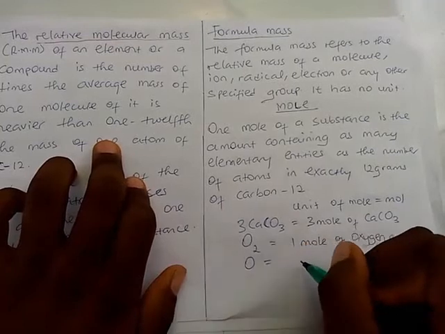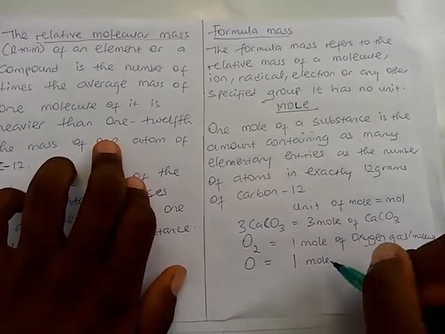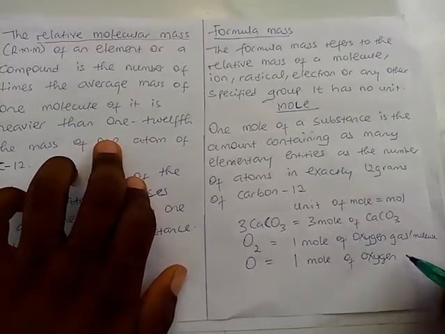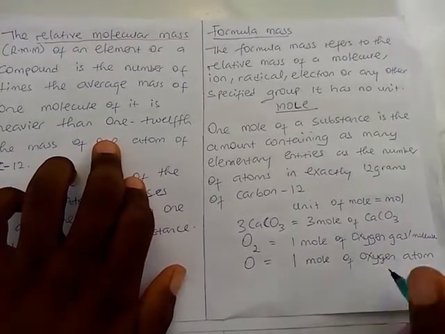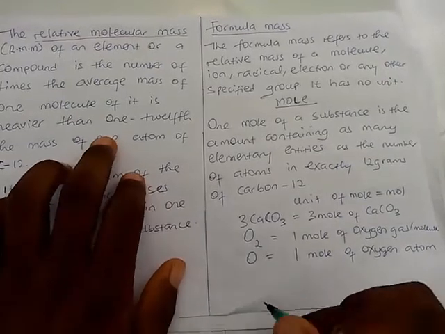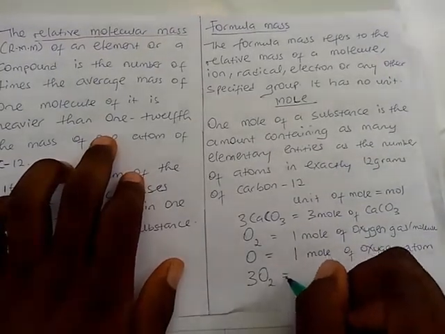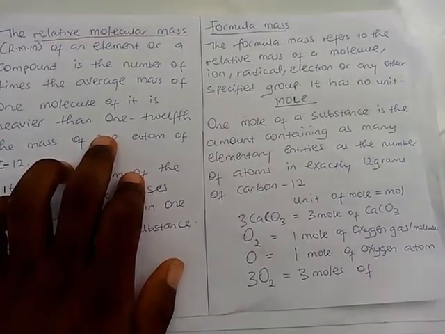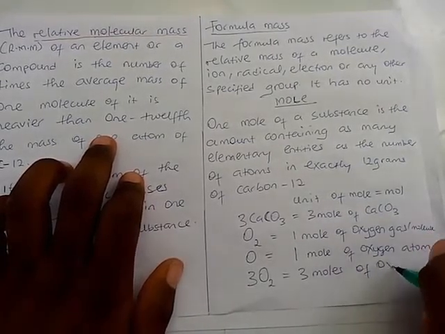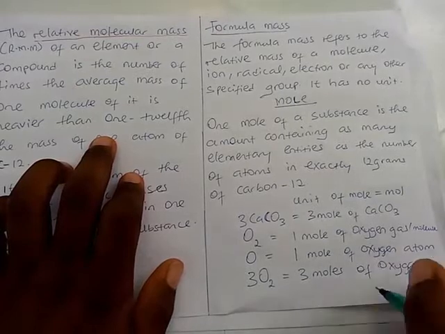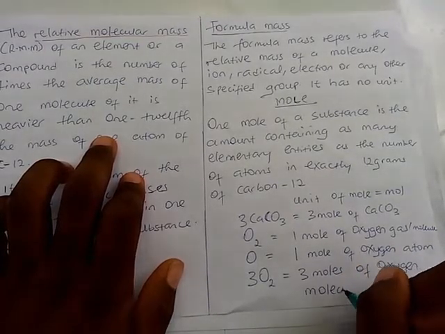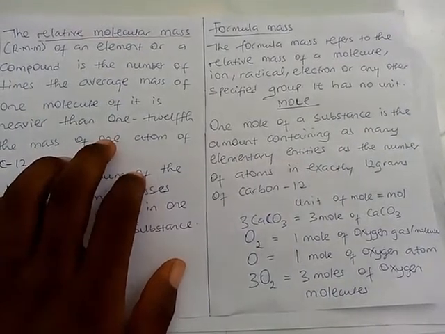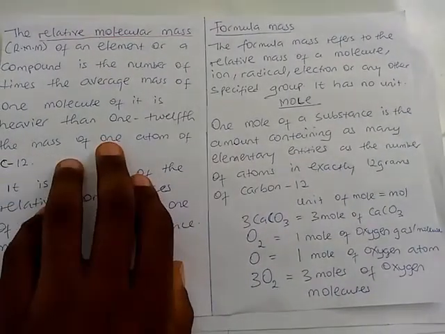Now this is 1 mole of oxygen atom. Here we have 3 moles of oxygen molecules.